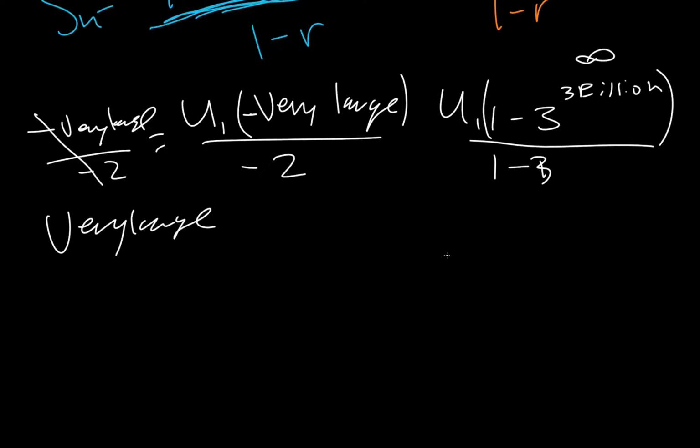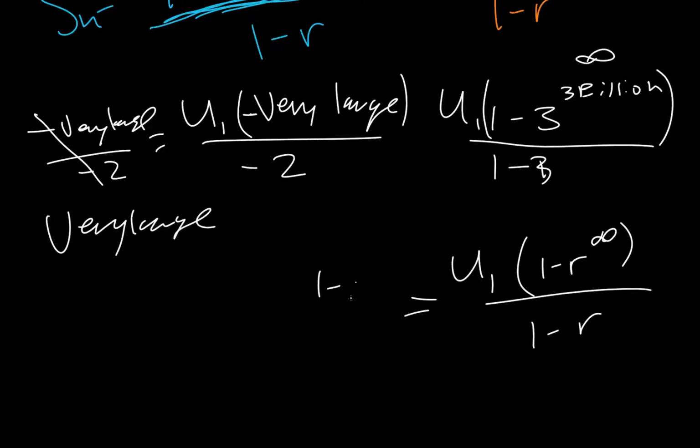let's just think about that for a second. So it's u1, 1 minus r to the n over 1 minus r, and this is the case where r is more than 1, r to infinity over 1 minus r. R to infinity is essentially going to be infinity. So 1 minus infinity, u1 over 1 minus r. 1 minus infinity is just going to be negative infinity.